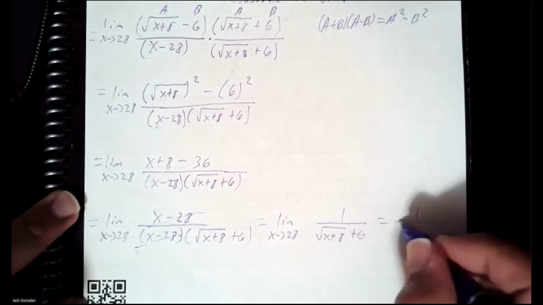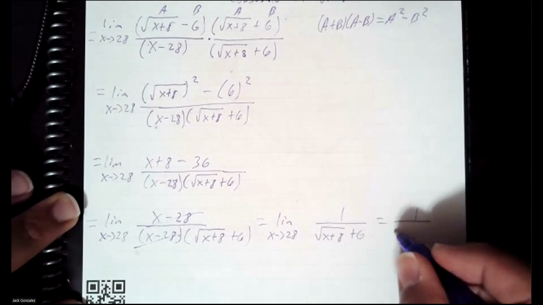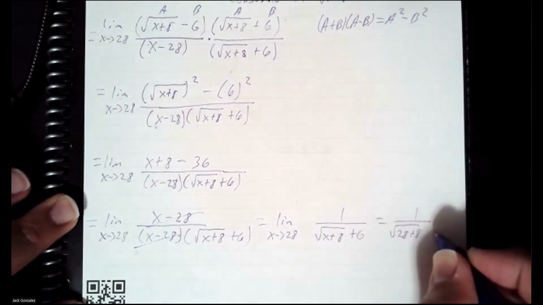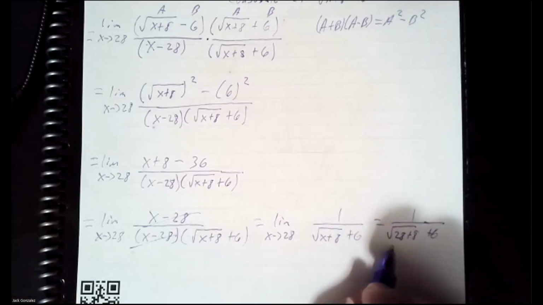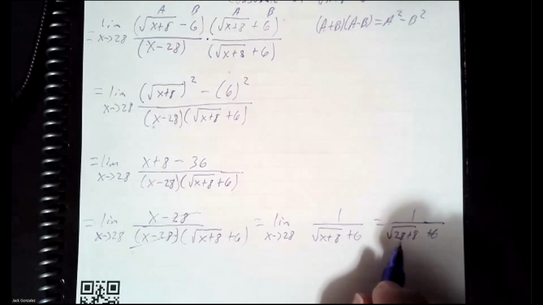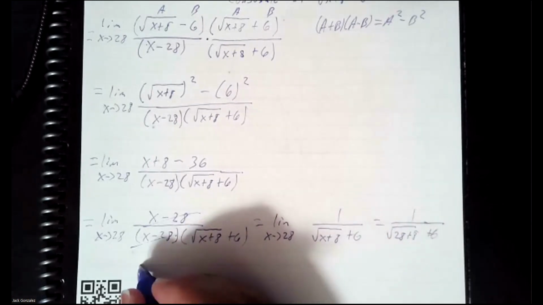We will have square root 28 plus 8 plus 6. 28 plus 8 is 36, right? So what do we get? 6 plus 6, 1 over 12. That will be the final answer.